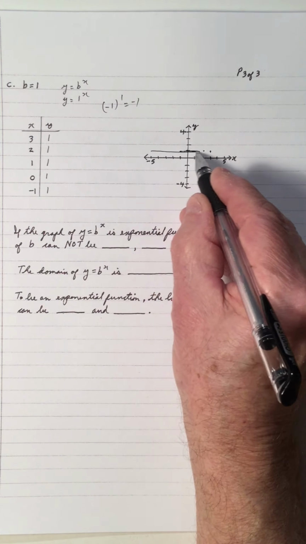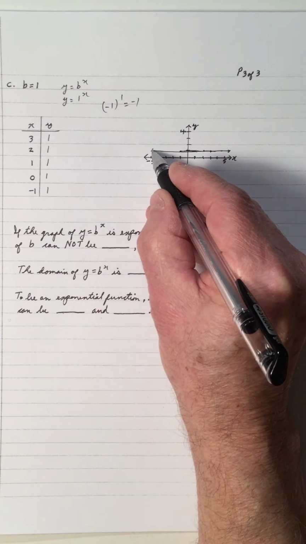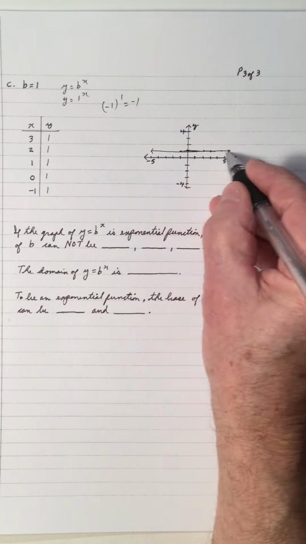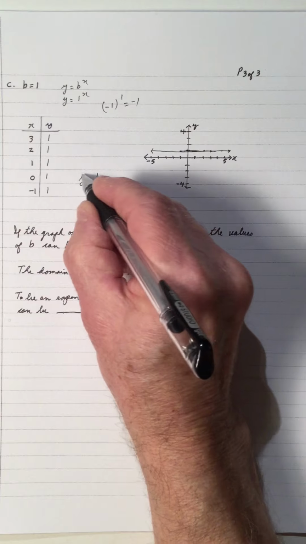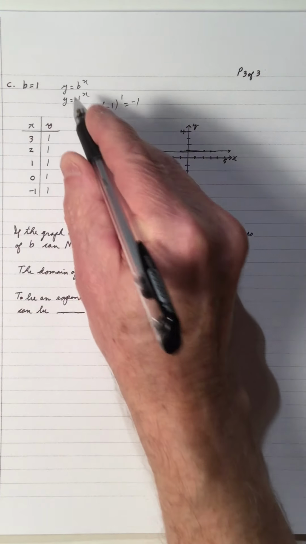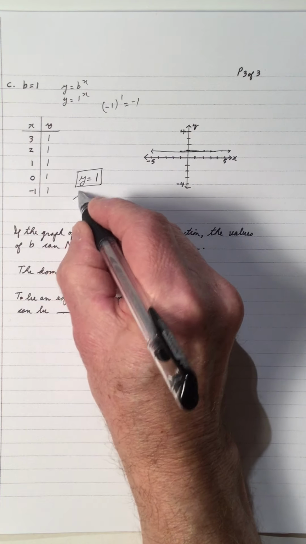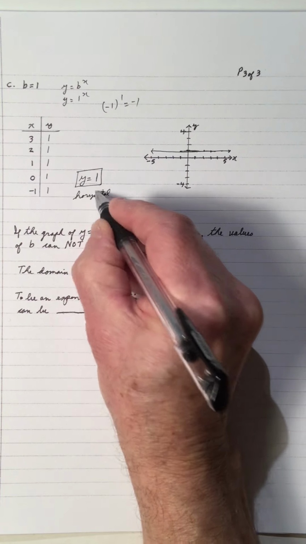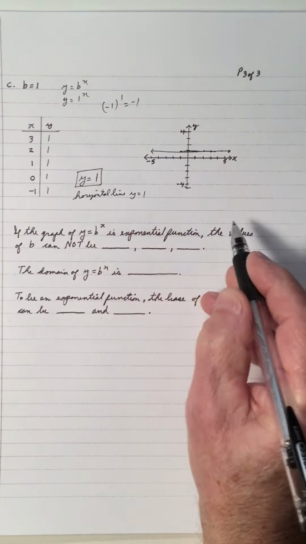Really, when the base is 1, we have what we call the horizontal line. We have the horizontal line y equals 1. So when the base is 1, we have a horizontal line y equals 1, and I'll write that down.